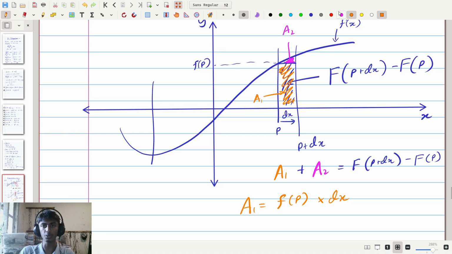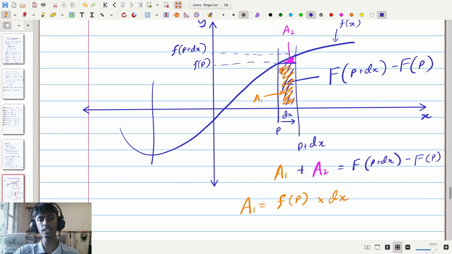How about area 2? Well, area 2 is going to be a triangle approximately. It's not exactly because it's somewhat curved, but it's approximately the same as a triangle. And considering the y-axis is involved, this height here is going to be the value of simple f of x at x equals p plus dx. This is going to be f of p plus dx.